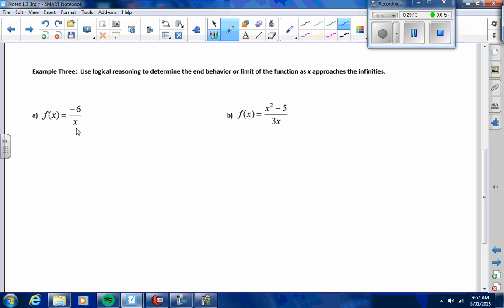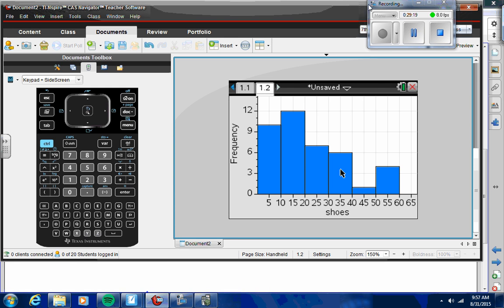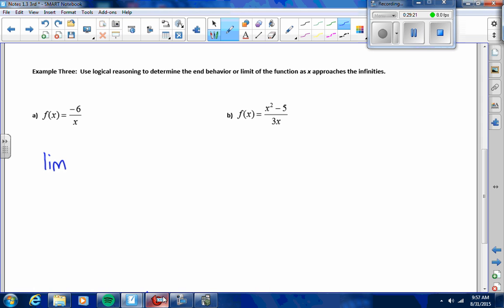And we are going to logically think this through. The limit as x approaches negative infinity of f of x, and the limit as x approaches positive infinity of f of x. So let's start with negative infinity.